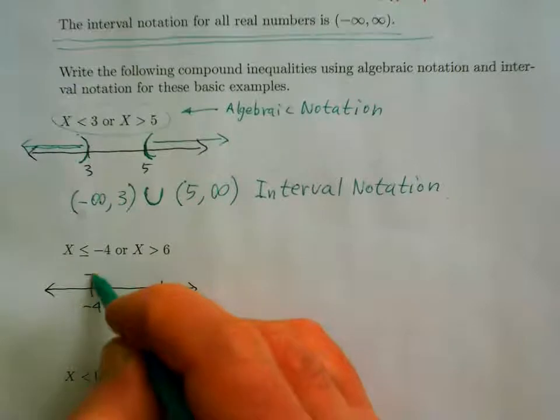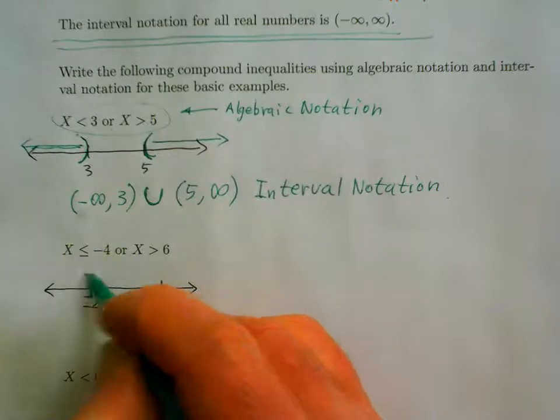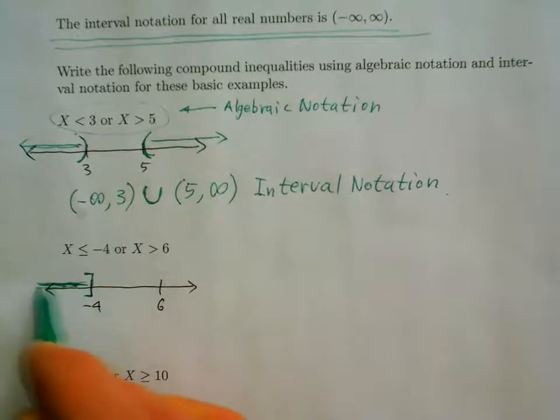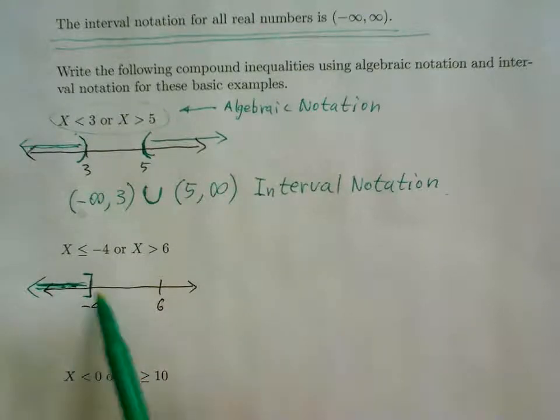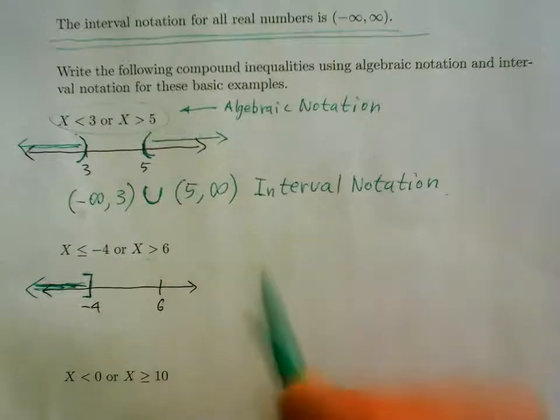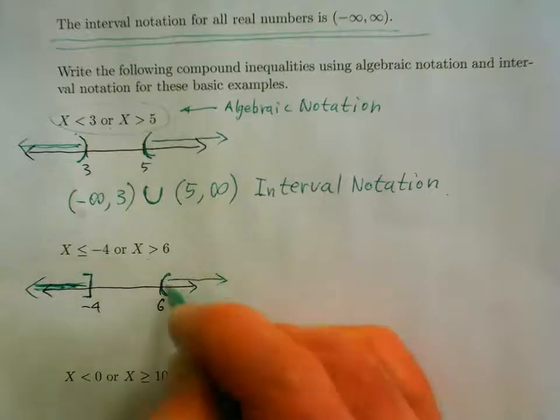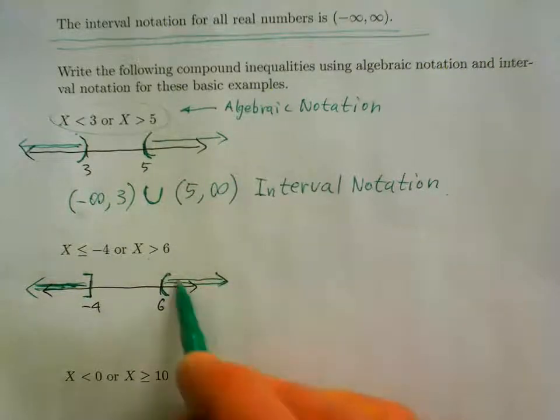This time we put a bracket at -4, and we shade the left side. This goes to negative infinity. And x greater than 6, we put a parenthesis at 6 and shade the number line to the right.